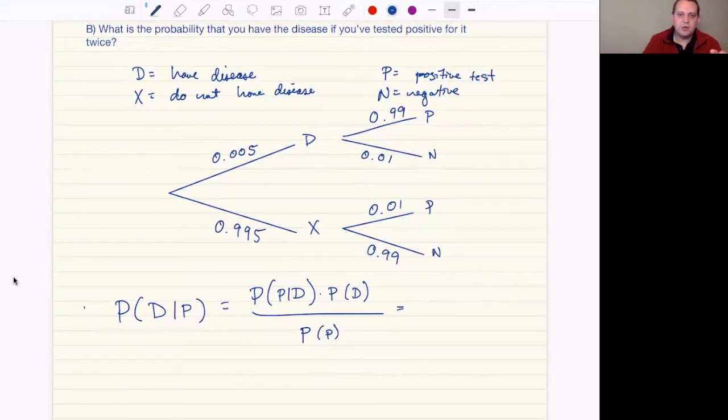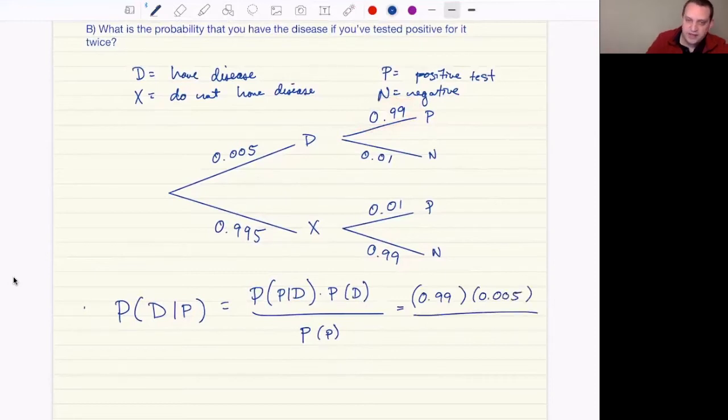And so P given D is going to be 0.99. That's what this number here represents. And then we'll multiply that by the probability of D, which is 0.005.